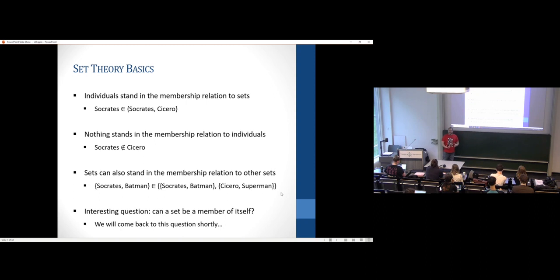Now, we could build a set that Socrates is a member of. So, for example, let's take the big set over here. We've got Socrates and Batman. And then let's just add Socrates. Now, this one, how many members does this big set have? It's got 2. Right?